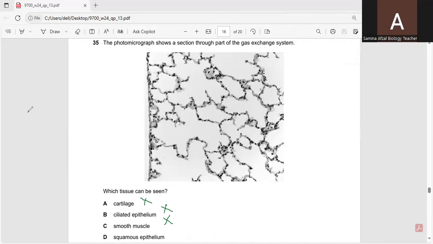The internal lining of these alveoli is lined with flat and thin cells, a single layer of flat and thin cells. This type of epithelium forms the walls of the alveoli and the capillaries surrounding them. So B is the correct option.